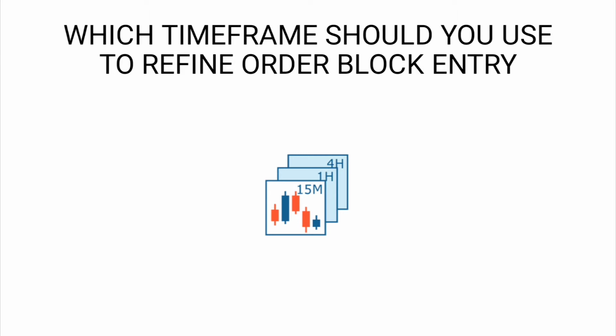Analyze with 1 hour, you can use M15 entries or you can use 5 minutes entries. If you analyze with a daily, you can refine it in such a way that you enter using a 15 minutes to allow for tight stop losses.